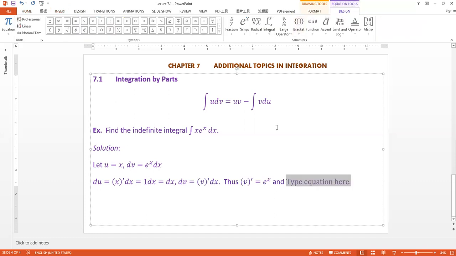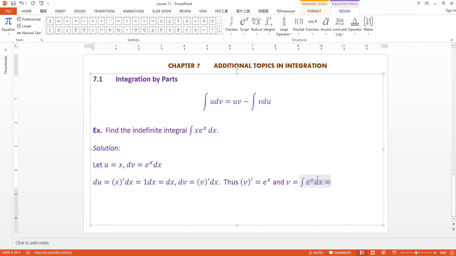That's also from the fundamental theorem of calculus, isn't it? So we just integrate e to the x.